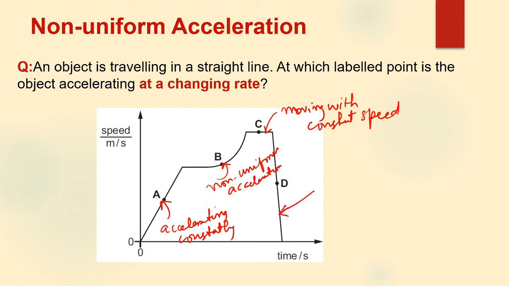And D, that is decelerating constantly. So the question is, at which labeled point is the object accelerating at a changing rate? So here's a curve where the rate is changing. So the answer is B.